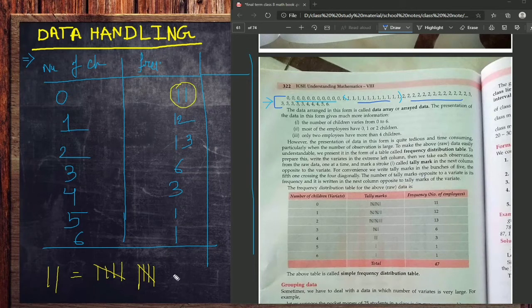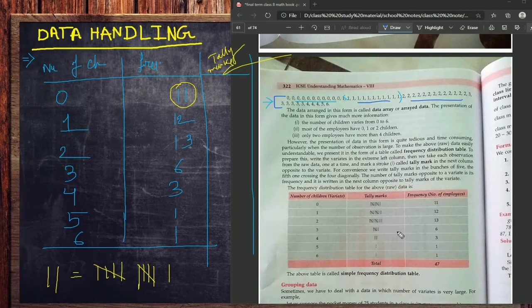So 11 we will represent as, this is already 10, we have to mark 1 again. So that is a complete 11 right now. Okay, so this is how we have to fill the tally marks on this side. And also you have to write at the top of your table that it is tally marks. Okay, so we got all the tables over here, and that is all about the simple frequency distribution table.